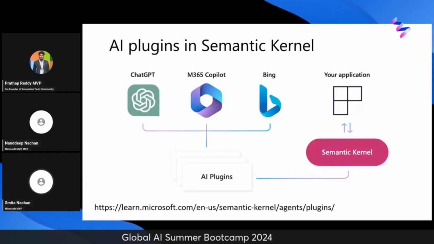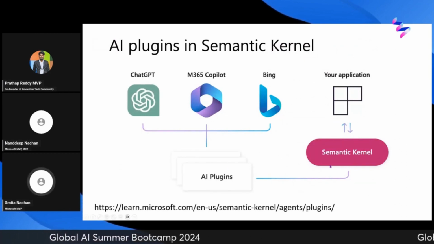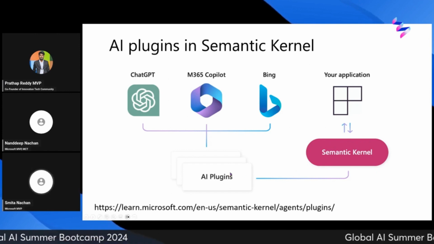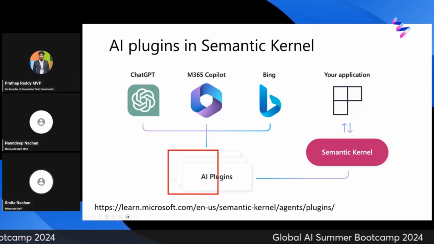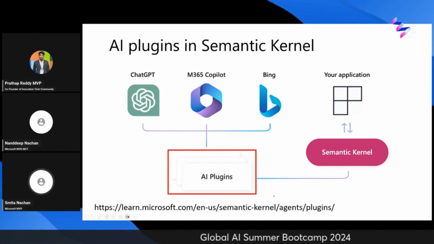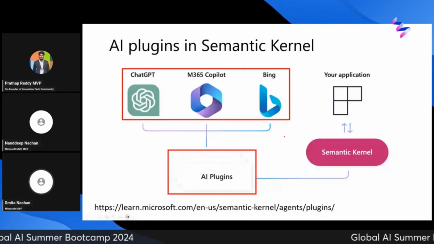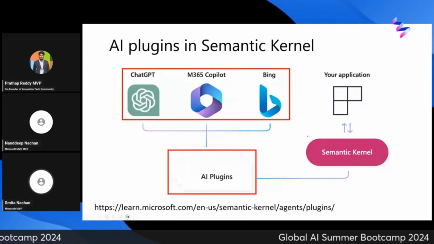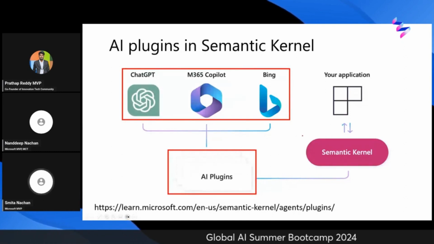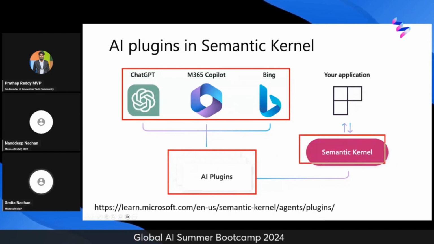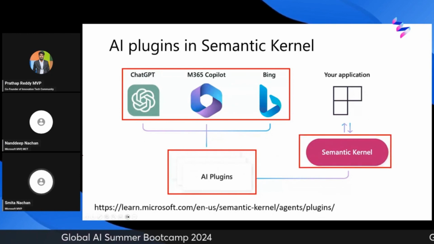Plugins are the fundamental building blocks of the Semantic Kernel, as with the plugins in ChatGPT, Bing, and Microsoft 365. With plugins you can encapsulate capabilities into a single unit of functionality that can be run by the kernel. Let's see exactly what a plugin is.